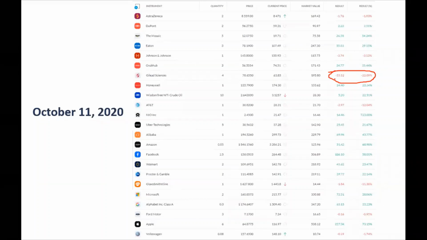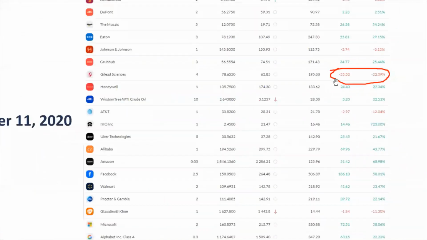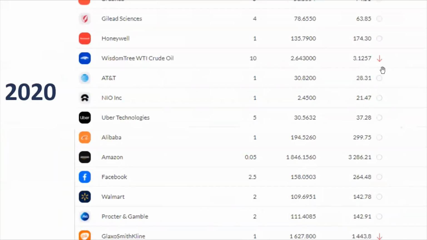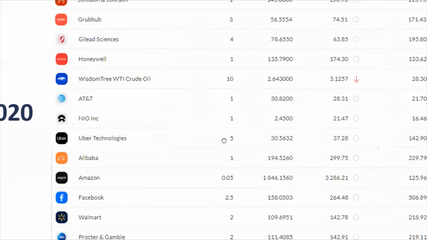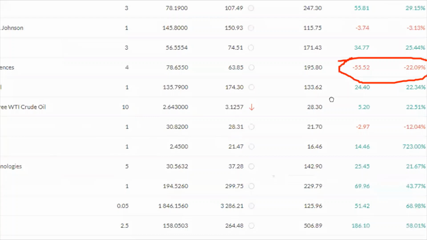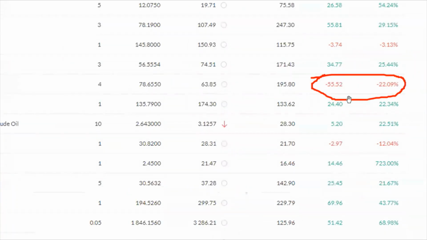The amount of loss I am incurring from Gilead Sciences in monetary terms is around 55.52 pounds.